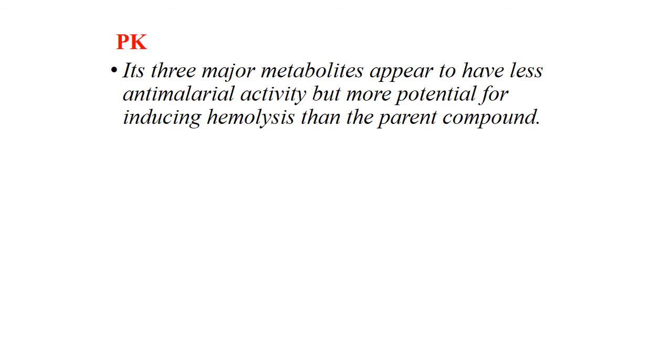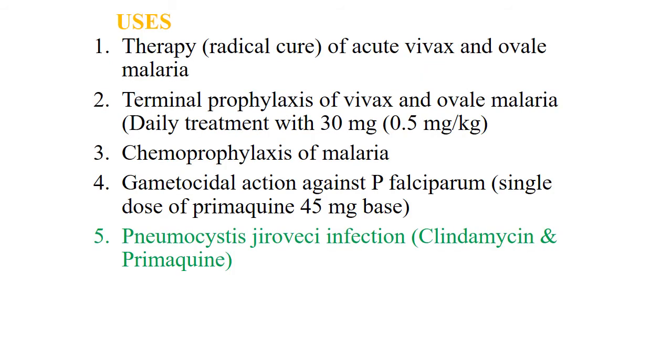Pharmacokinetics of primaquine: its three major metabolites appear to have less antimalarial activity, but more potential for inducing hemolysis than the parent compound. Now the clinical uses of primaquine. It is used as therapy or radical cure of acute vivax and ovale malaria. It is also used as terminal prophylaxis of Plasmodium vivax and Plasmodium ovale malaria, and in chemoprophylaxis of malaria.